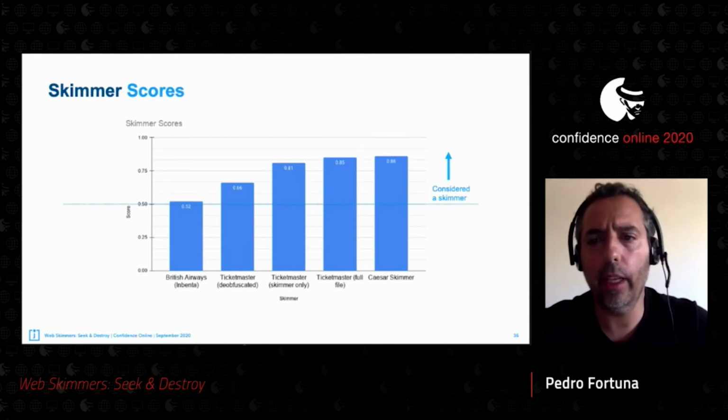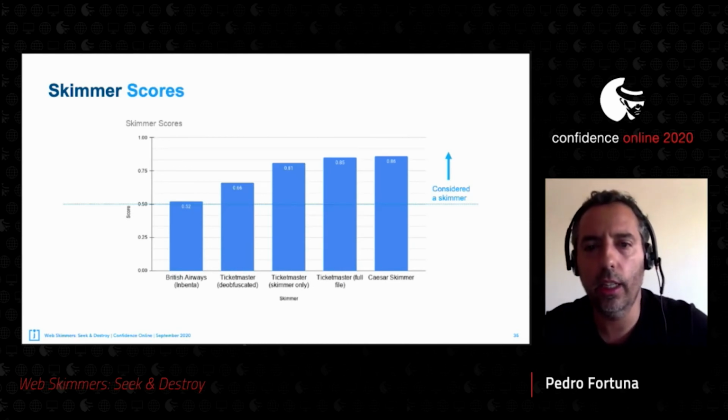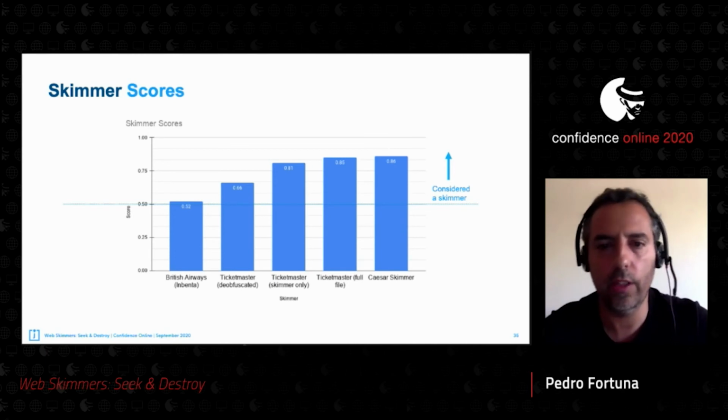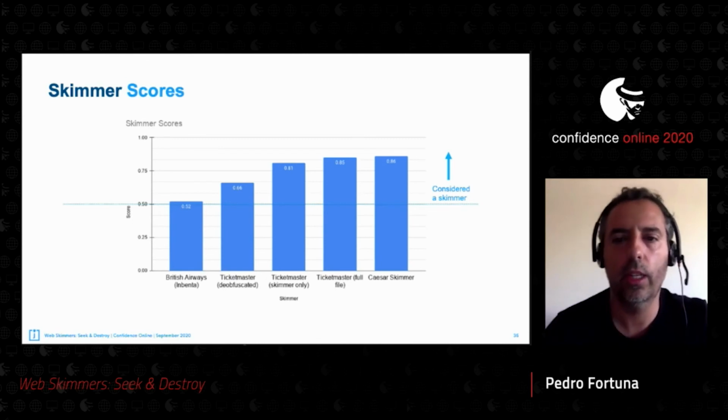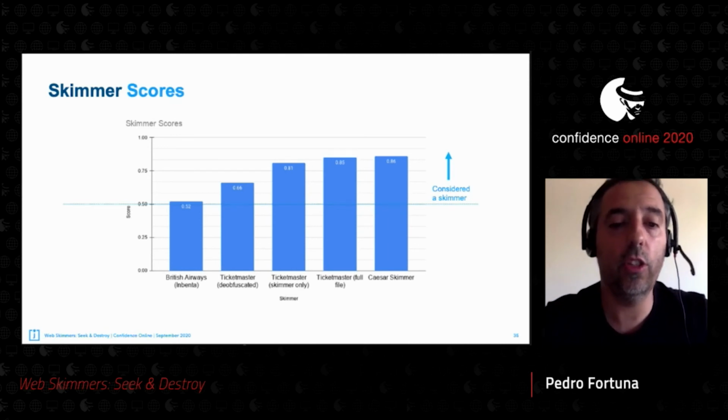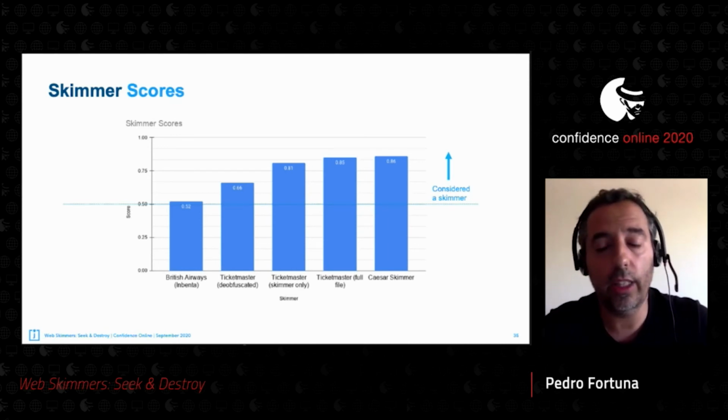Comparing all the skimmers that we have seen, I presented the samples in increasing scoring order. And as you can see, all of those samples were considered to be skimmers. One of the good things about this classification is, since it uses static code analysis, it's very easy to scale.